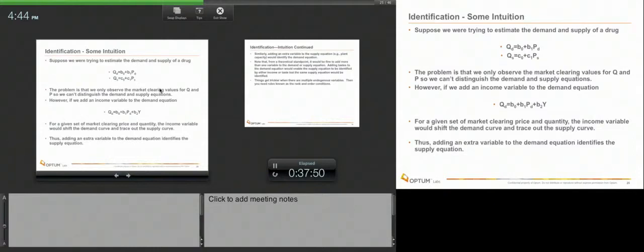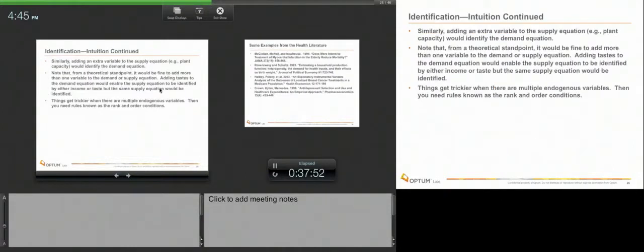So I already talked about the supply-demand equation. The idea of identification is we need enough information to be able to tease out these separate relationships that are all bundled up in the data. And you don't hear people talking a lot about this.